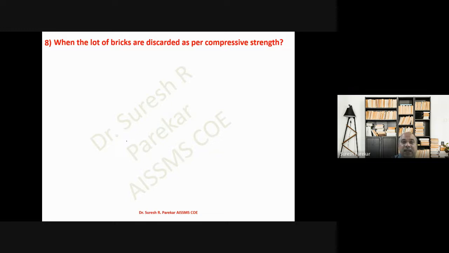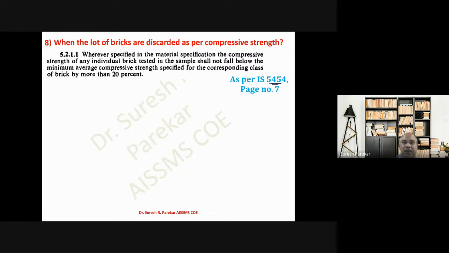Then when is a lot of bricks discarded? That is given in IS 5454, that is sampling. If the compressive strength of any individual brick is less than the minimum average compressive strength by 20%, then we have to discard that lot of bricks. What is the purpose of frog in the brick?